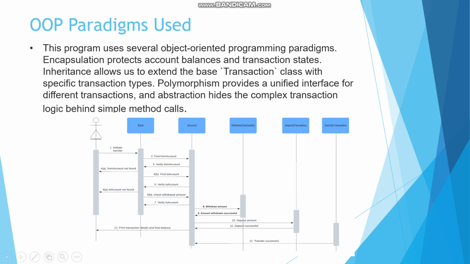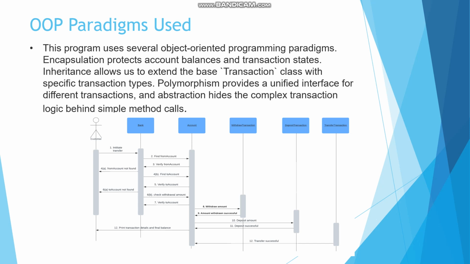In another case, if somebody has transferred some money from the account, then the transfer is shown directly to the account with a transfer successful message, and all of the messages, whether it's withdrawn, deposit, or transfer, are shown at the last.